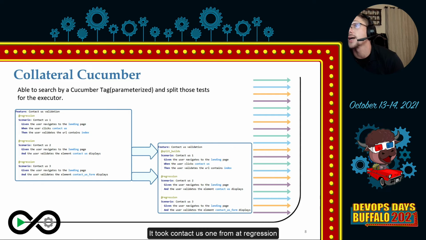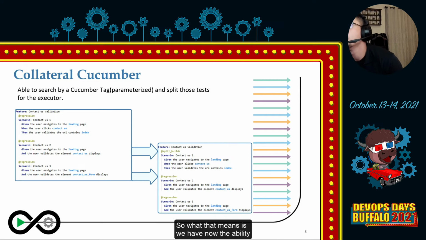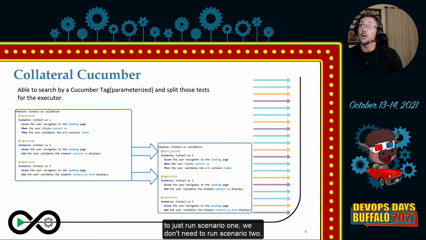It took contact us1 from @regression to @split builds. So what that means is we now have the ability to just run scenario 1. We don't need to run scenario 2. Scenario 2 would be run on container 2.